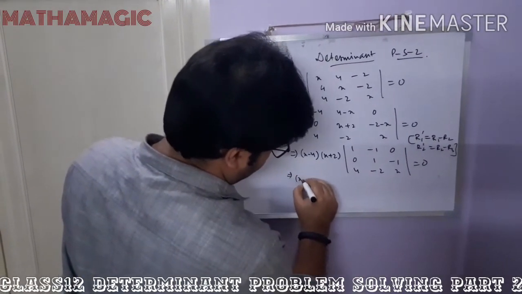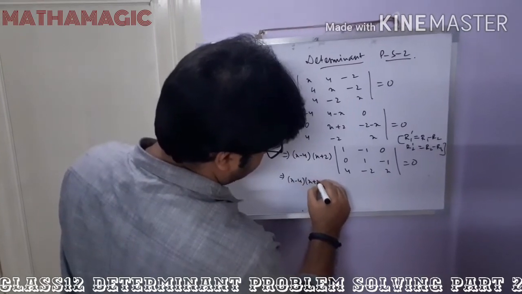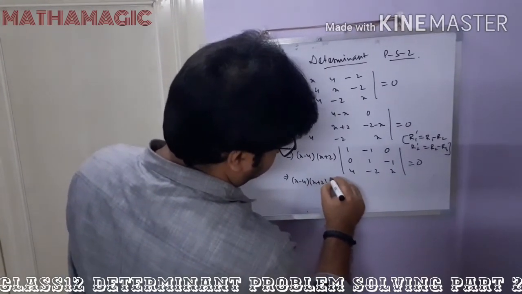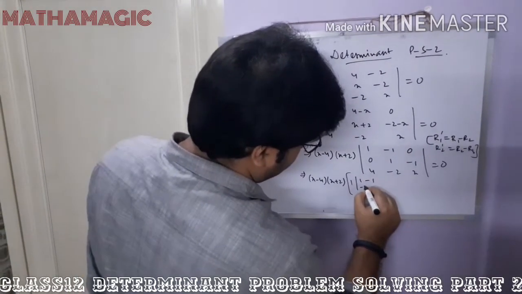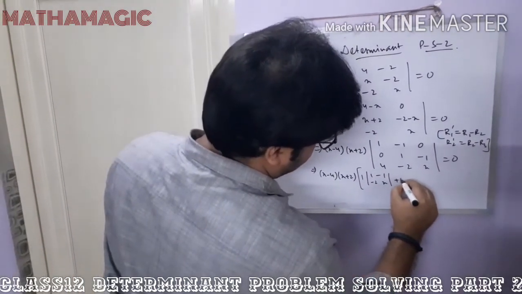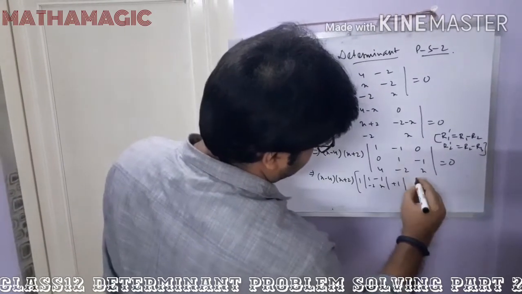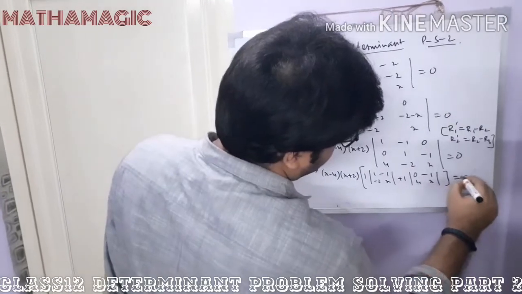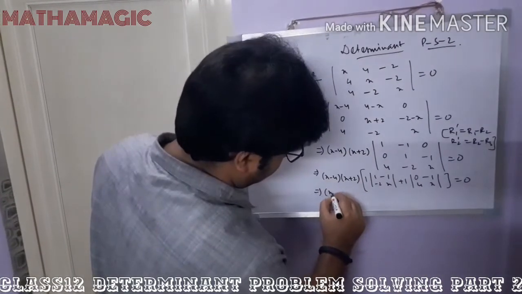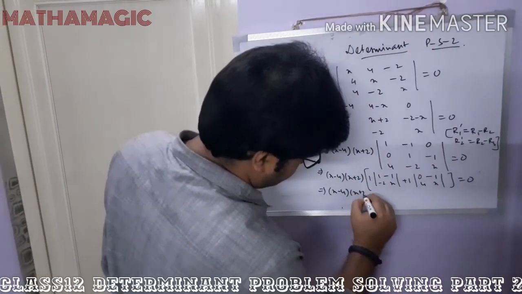So it will be x minus 4, x plus 2, and expanding by the first row, it will become 1 times (1 times (minus 2x) minus (minus 1) times 4) plus 1 times (0 minus 1 times 4)... equals 0.